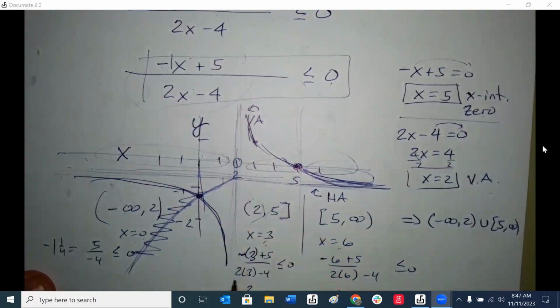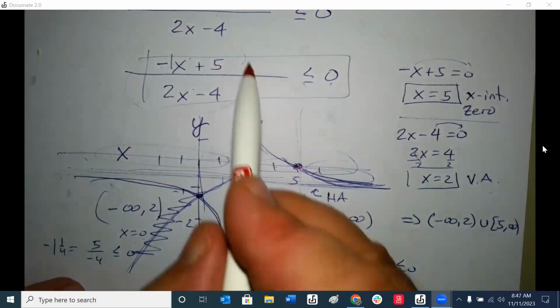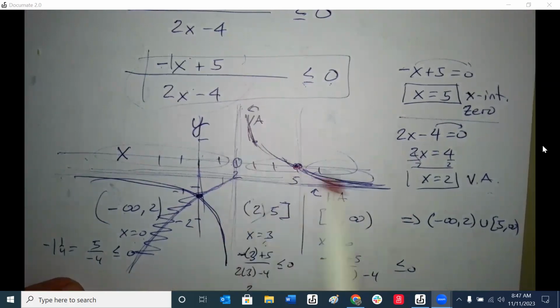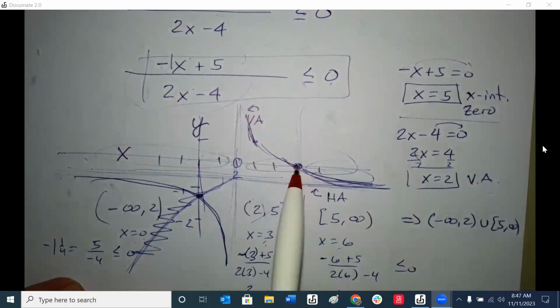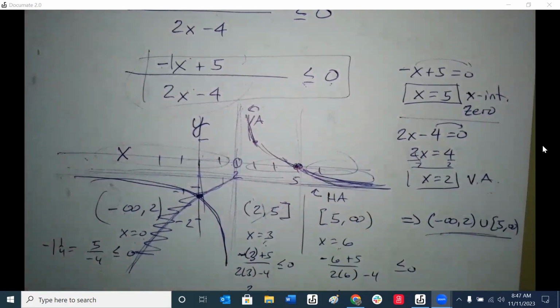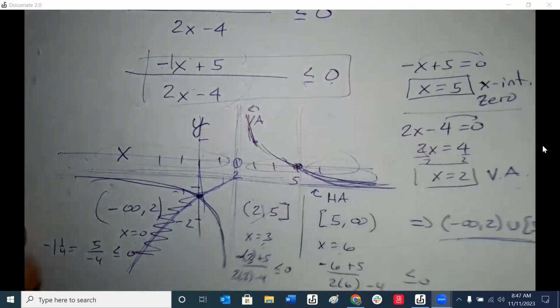And here's the vertical asymptote. So this part of the graph has to go the other way, crossing at the x-intercept there. This way is above the x-axis, here's below, and here's the horizontal asymptote. So this is my answer. Sorry about that. Got myself confused over a second.